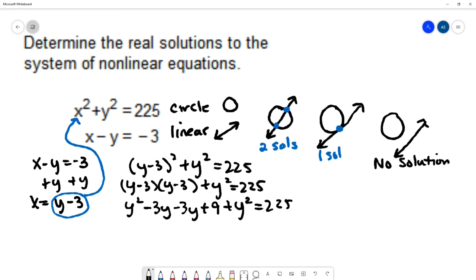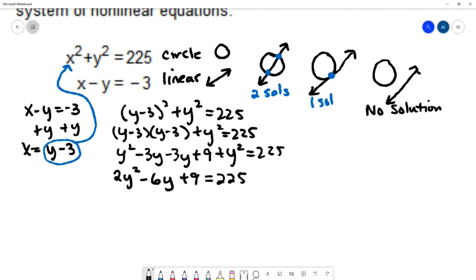Now let's combine like terms. We have y squared plus y squared. That's 2y squared. We have minus 3y and minus 3y. That's a minus 6y. And the plus 9. So let's collect all the terms to the same side.